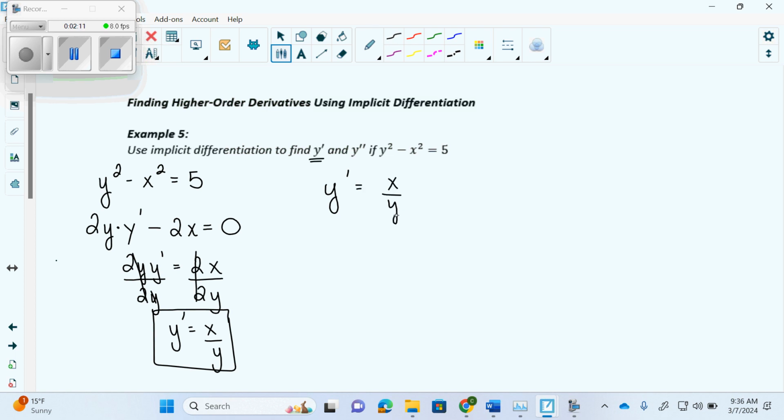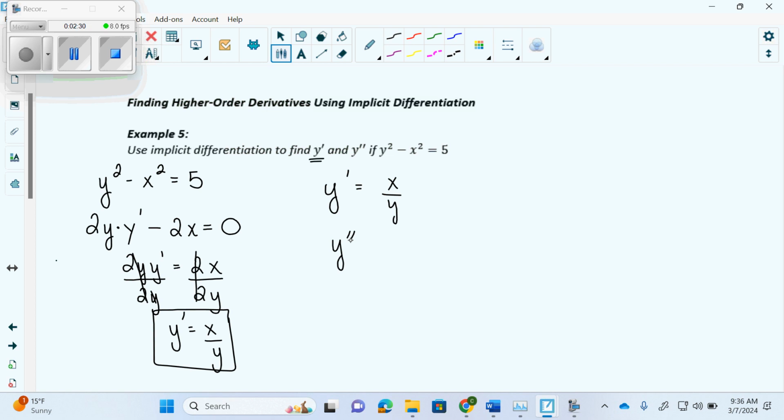What am I going to have to do? Quotient rule. So what's the derivative of y prime? y double prime. Okay?